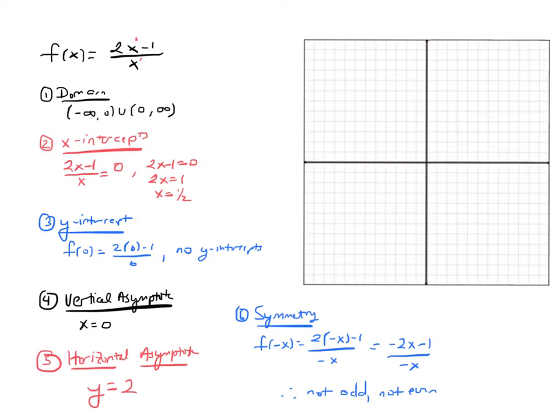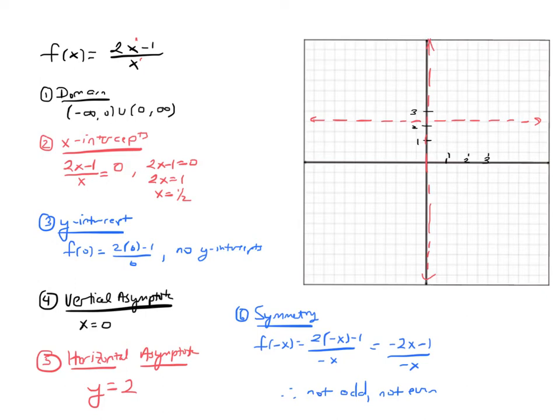Okay, so I'm going to start labeling my axes. I'm going to call this 1, 2, 3. 1, 2, 3. And we know that we have a horizontal asymptote at y equals 2, so I'm going to draw that in. Here's our horizontal. We've got a vertical asymptote at x equals 0.